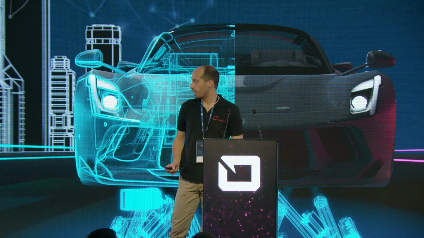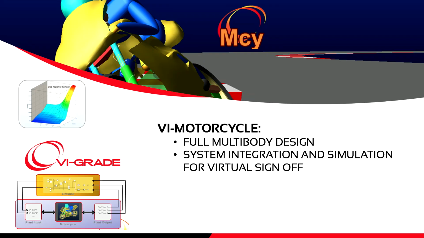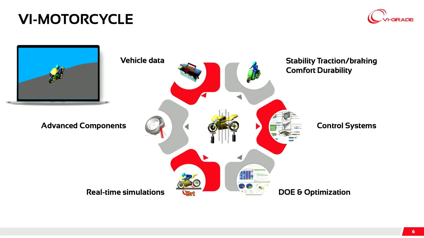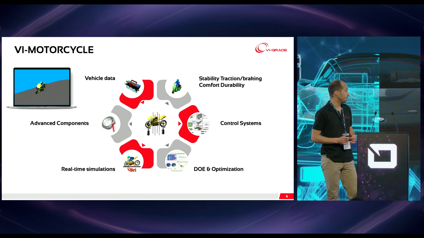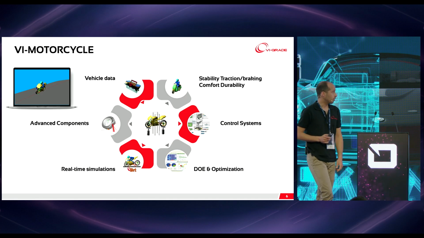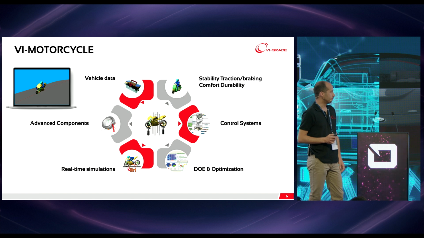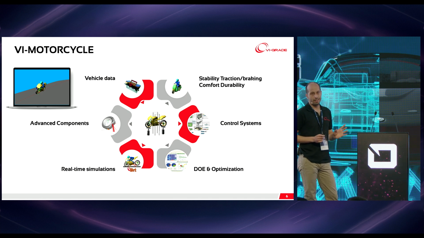Let's now start with a panoramic of the VI Motorcycle environment and the kind of analysis that you can run with this software. This is the ecosystem of VI Motorcycle. First of all, you need to collect data and start to create a model.